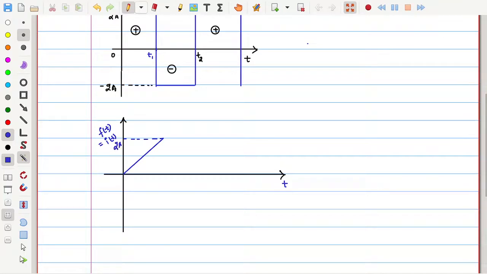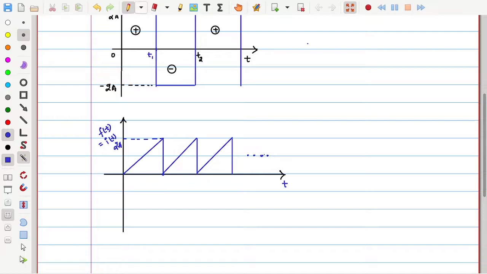Then suddenly it falls down to 0. Then again it slowly rises back to 2 amperes, and again suddenly falls down to 0, and so on. This kind of pattern will be repeated.